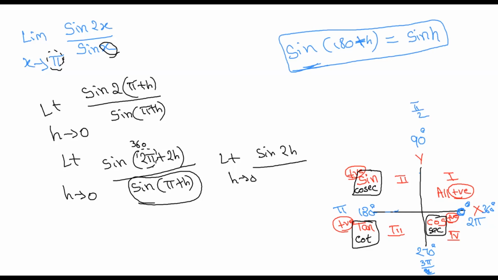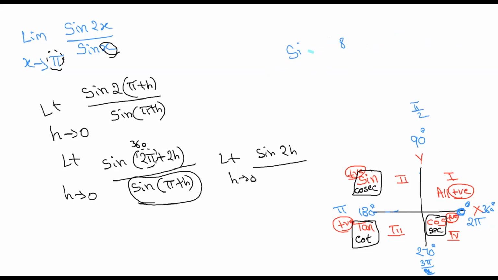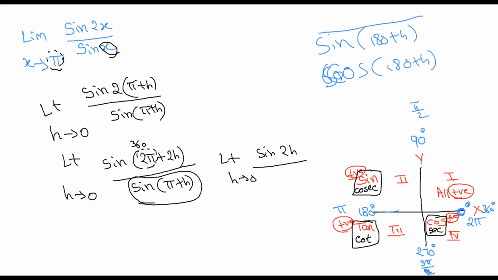You have to know this one. What happens with sine of 180 plus h or cos of 180 plus h, we will discuss in trigonometry, in the next class, because there is a different concept for this.